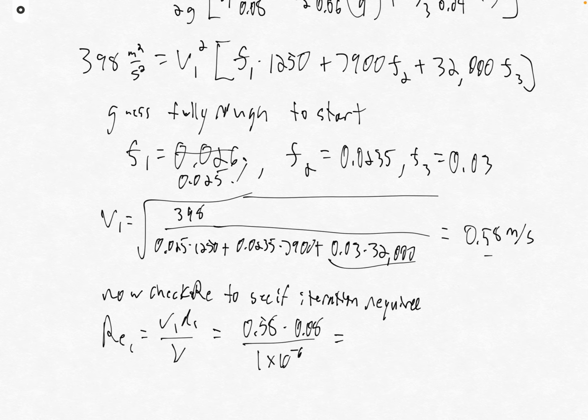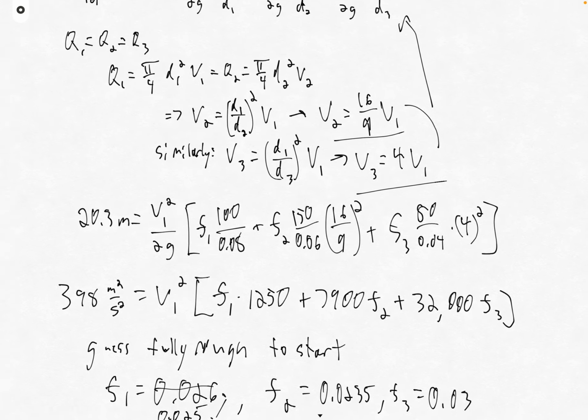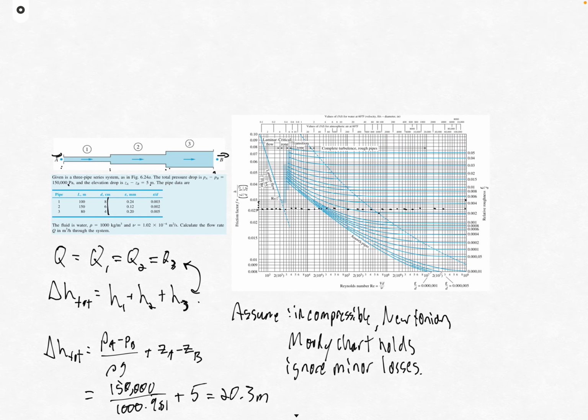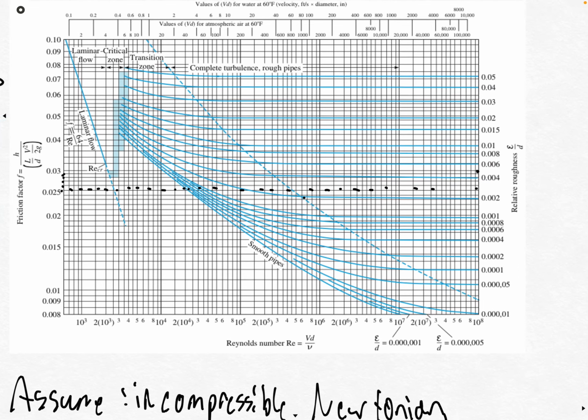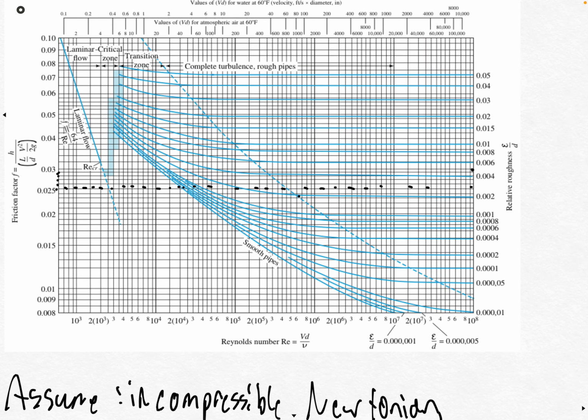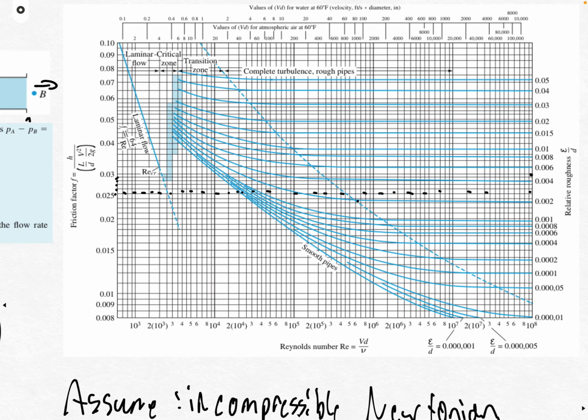That's 0.58 times 0.08 divided by 1e minus 6, so that's 46,400.